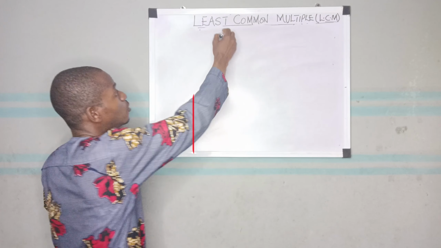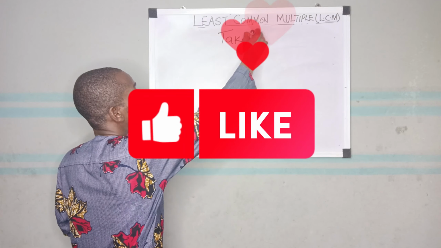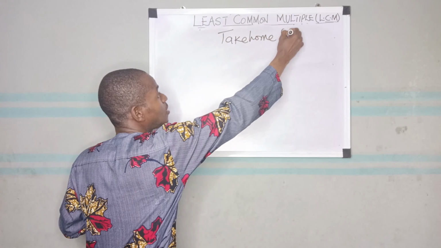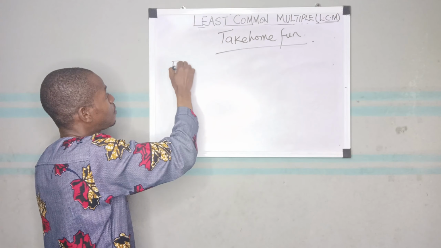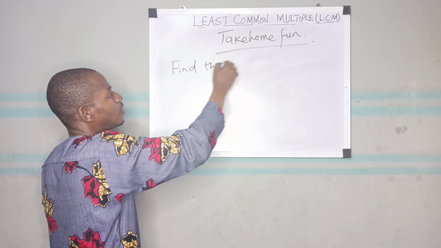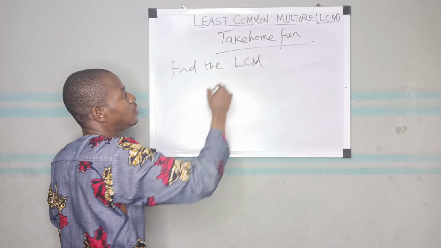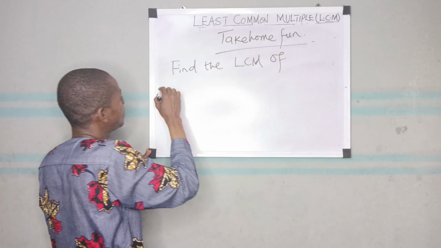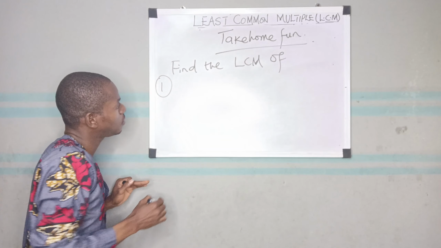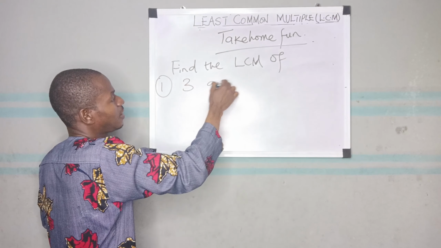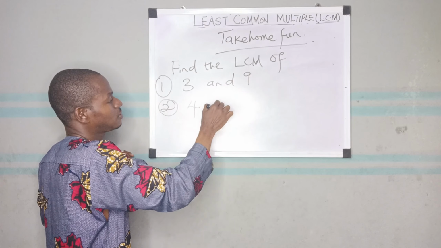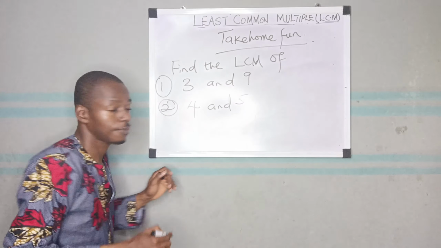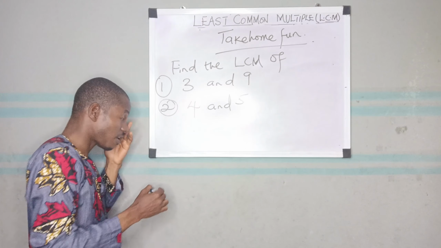Take-home fun. You can practice this at your leisure time. Find the LCM of, let's say, 3 and 9, and 4 and 5.